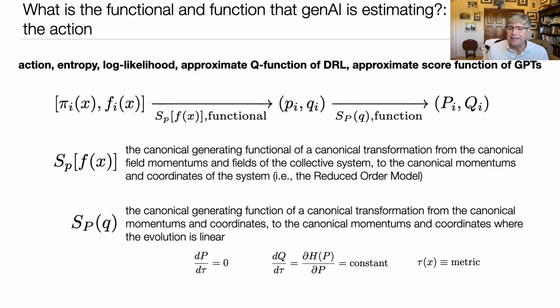The functional is the canonical generating function of a canonical transformation from the canonical field momentums and fields of the collective system to the canonical momentums and coordinates of the system, that is, the reduced order model. The function is the canonical generating function of a canonical transformation from the canonical momentums and coordinates of the reduced order model to the canonical momentums and coordinates where the evolution is linear.